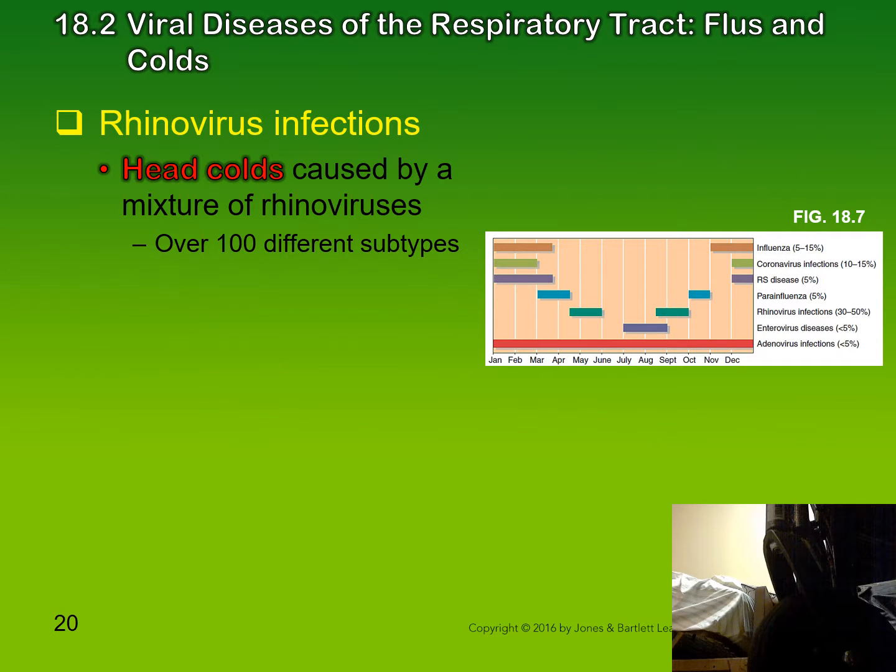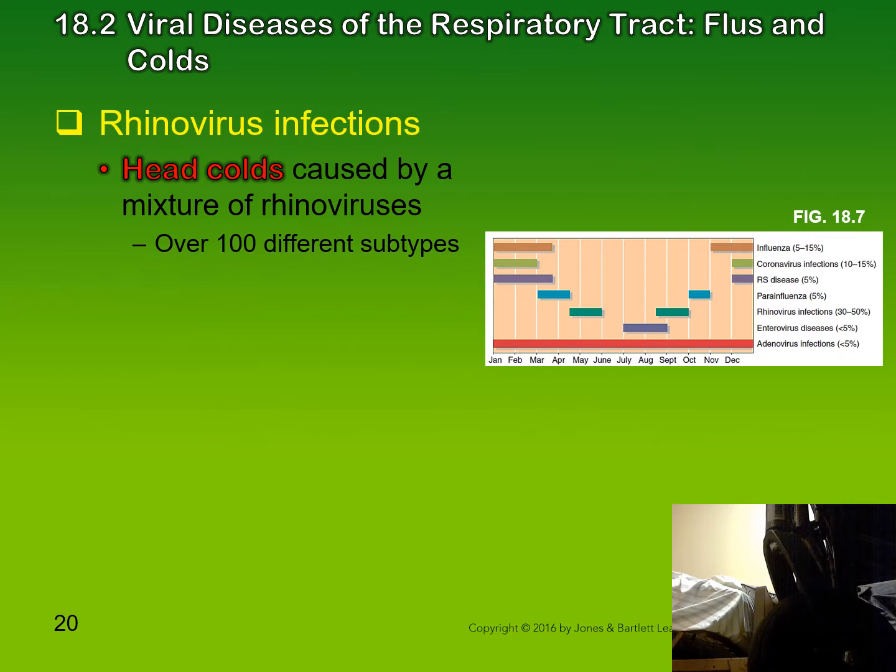Like it says, there are about 100 different subtypes of the rhinovirus. That's part of the reason why you can get a cold multiple times, because you might be infected by one virus and get one cold, and then get one of the other 99 viruses and get a cold again.